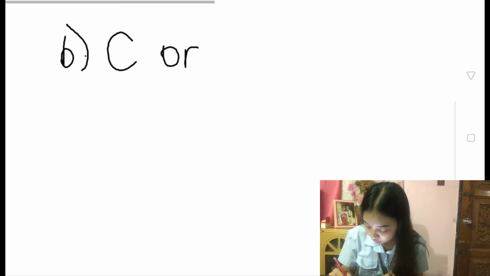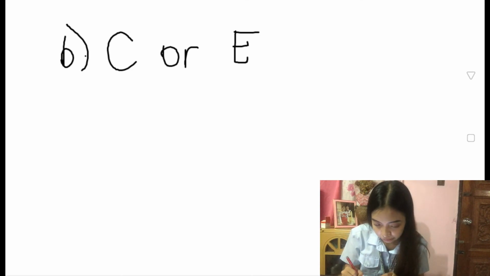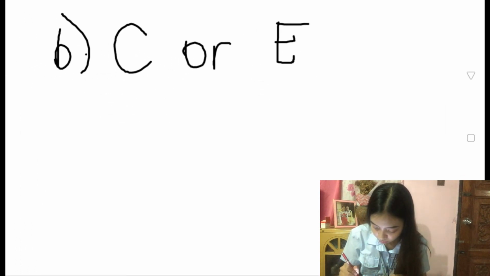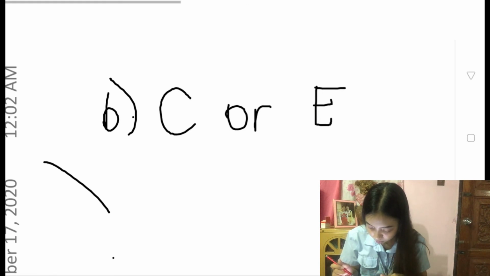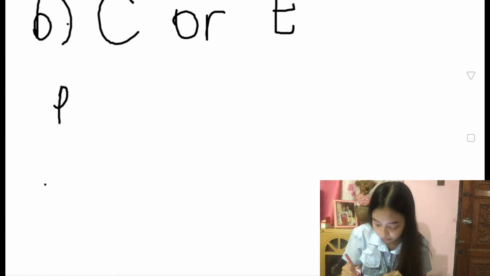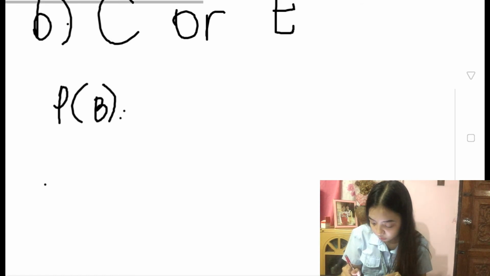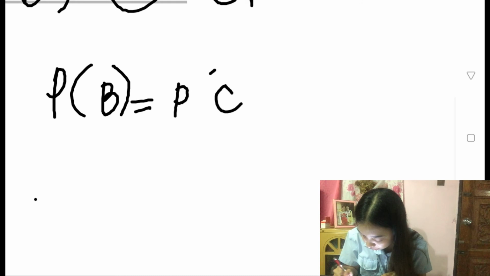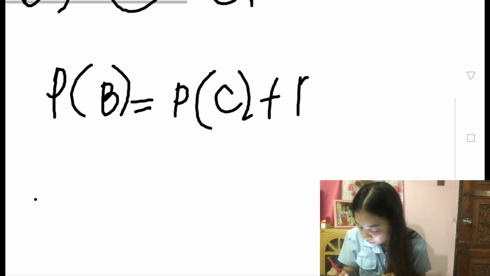For letter B, let's denote civil engineering as C and electrical engineering as E. So C or E. The probability of event B is equal to the probability of event C plus the probability of event E.